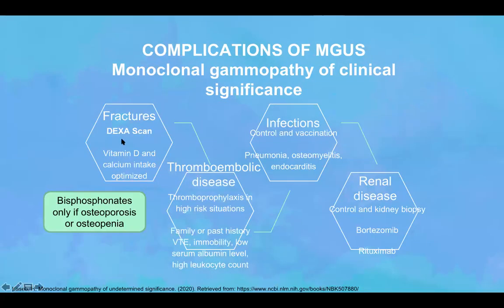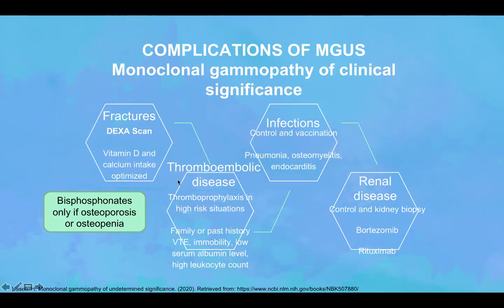So in these patients, we're going to make sure that we don't have any of these complications. To make sure that the patient doesn't have fractures, we're going to do a DEXA scan, and make sure that the levels of vitamin D and calcium are in the normal range. In case that we find patients with osteoporosis or osteopenia, we can choose to treat them with bisphosphonates.